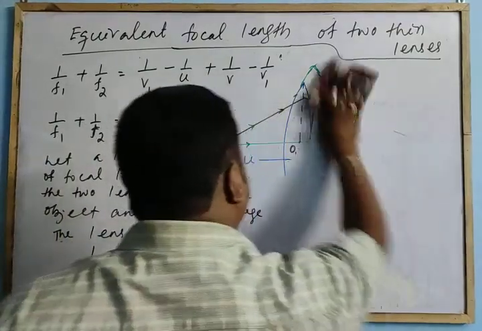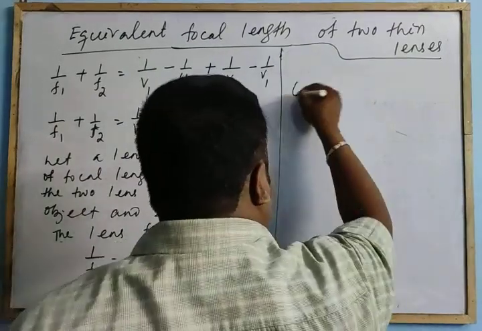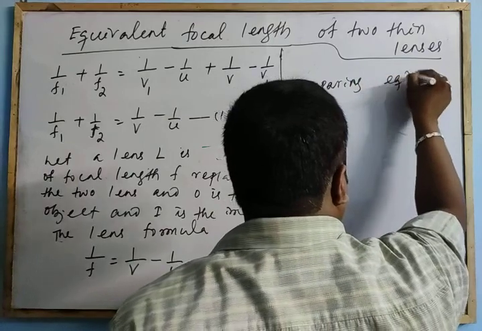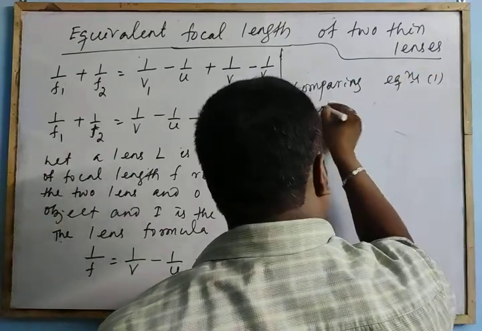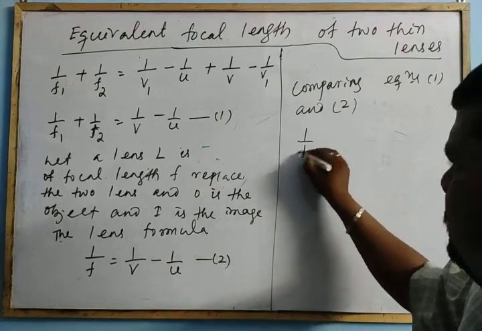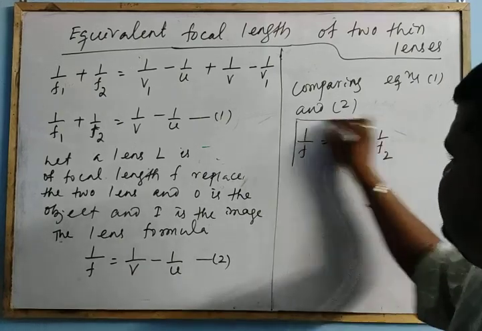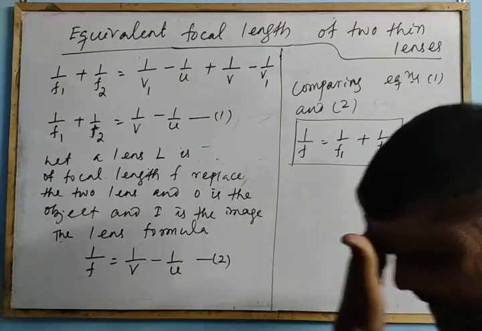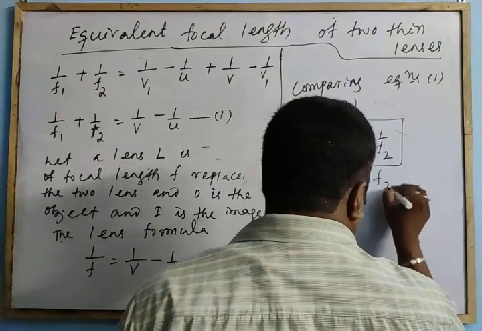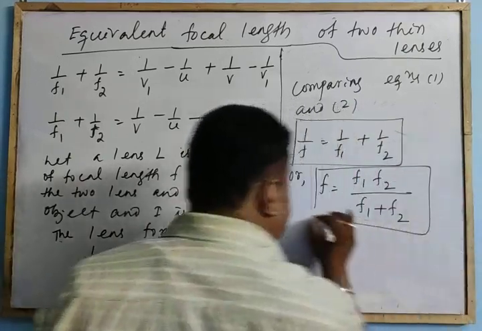Now I will erase this thing. Comparing equations 1 and 2, what do we get? 1 by f equal to 1 by f1 plus 1 by f2. This is for two lenses. Clear? Or the equivalent focal length f is equal to f1 f2 by f1 plus f2 for two lenses.